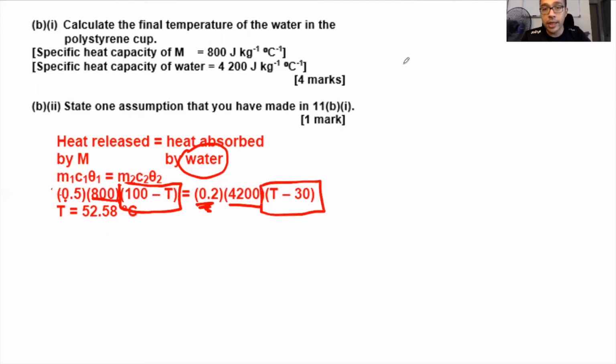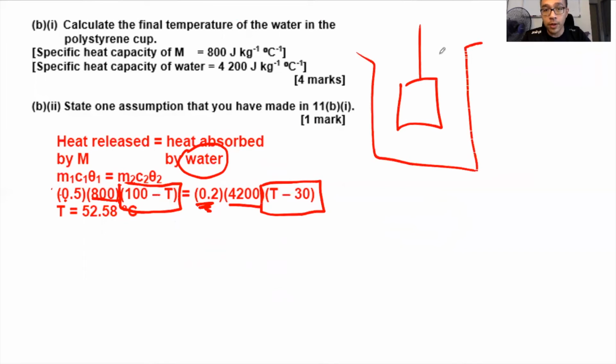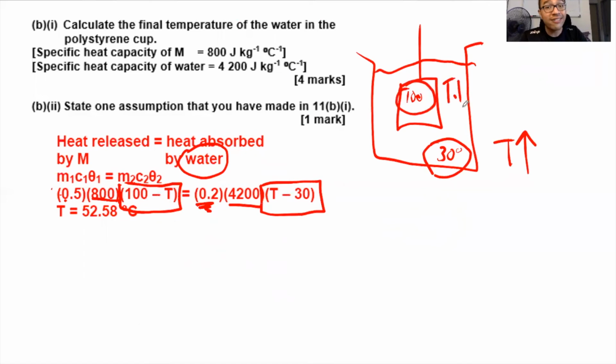Think about this. When you put the block inside the water, the block is 100 degrees Celsius and this one is 30 degrees Celsius. This one is going to be a temperature increase, this one is going to be a temperature decrease, until they both reach the same temperature.